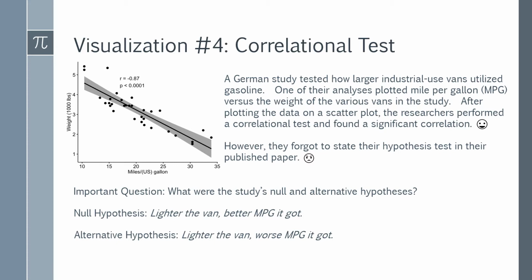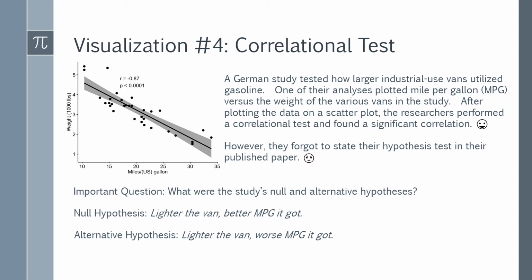Does it correlate with each other? So the first question is, what were the study's null and alternative hypothesis? What I looked at is, does the lighter the van get better miles per gallon, or does the lighter the van get worse miles per gallon?